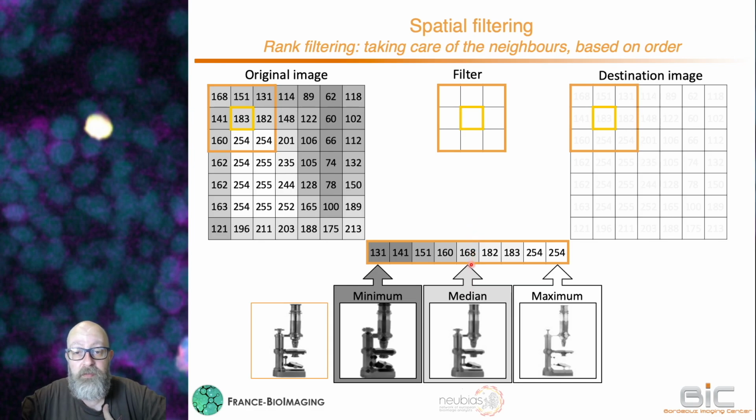And in general, on images from a microscope, the median value corresponds to the most represented value in the neighborhood. So if you've got really dark spots or really bright spots and you want to homogenize the intensities over a certain neighborhood, median might be the most convenient filter.